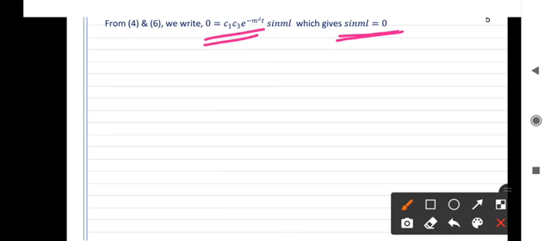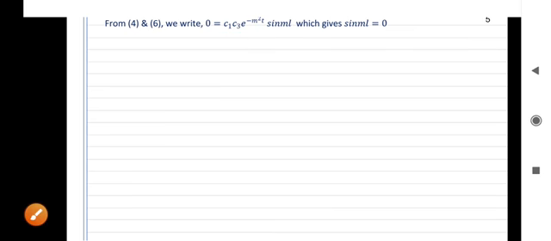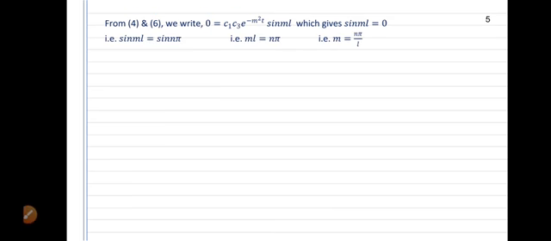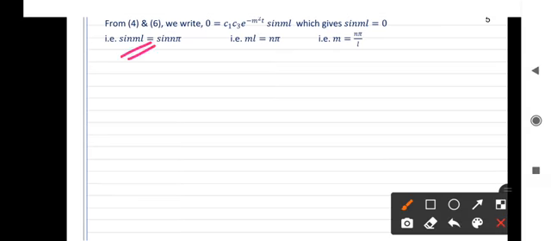Again we have to use the trigonometric result, that sin n pi is 0 for an integer. So with this result we can write sin ml is equal to sin n pi. Taking inverse sine on both sides, we get ml is equal to n pi, and from this we can write m is equal to n pi by l.